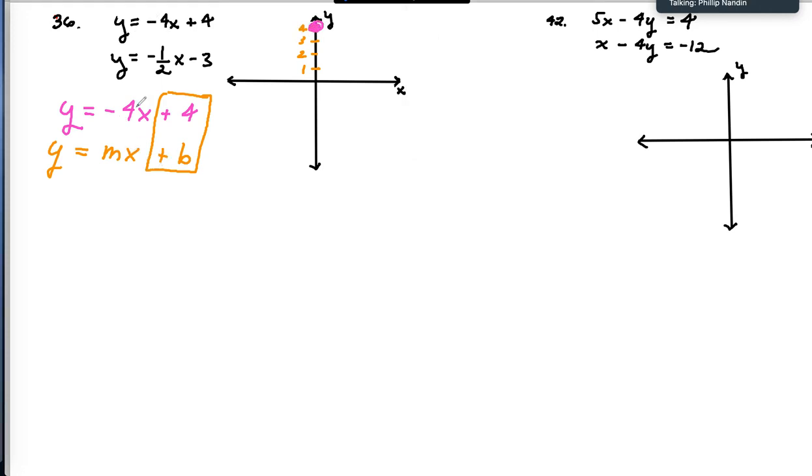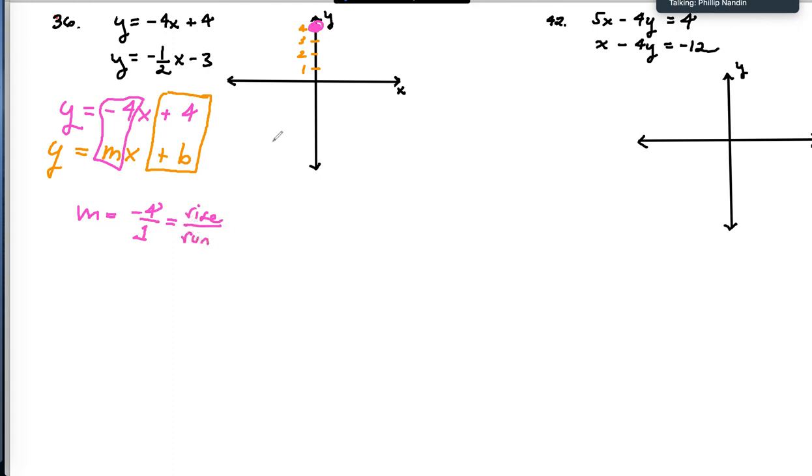Now I look and I see that my slope is negative 4. So m equals negative 4, which is the same thing as negative 4 over 1. And slope means rise over run.